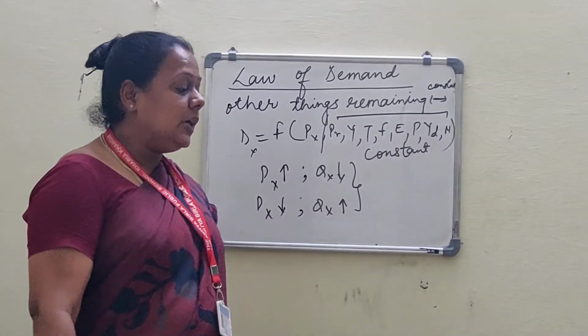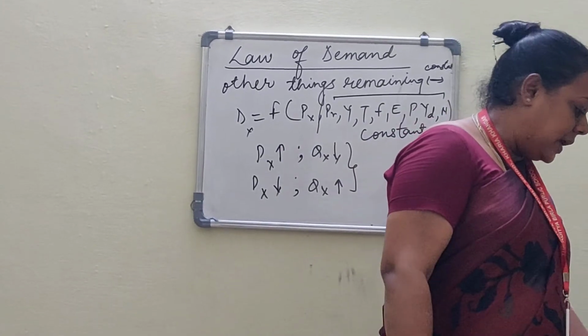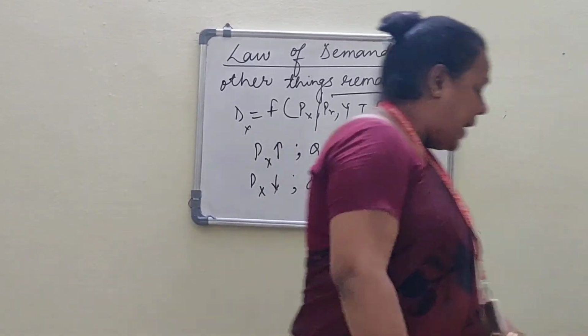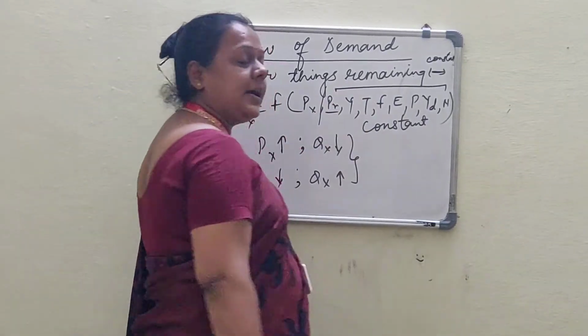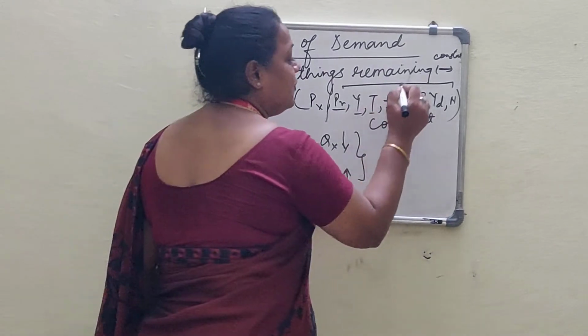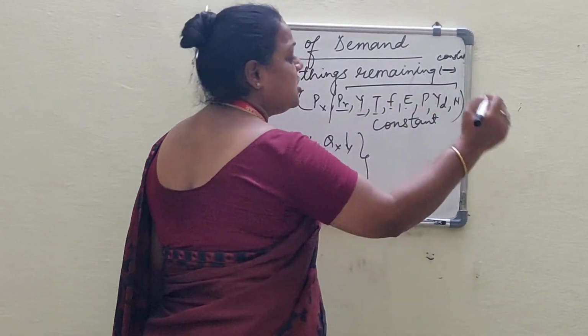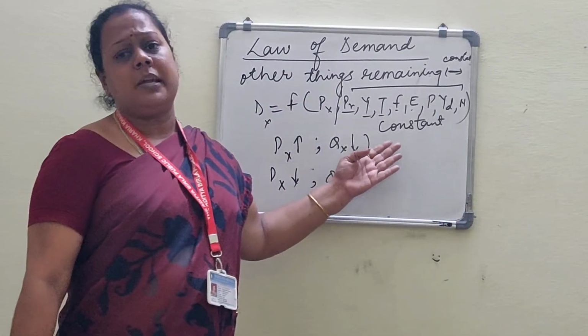Now, when we talk about the assumptions related to the demand function or the law of demand, what are the assumptions? As we all know, other things remaining constant. So the prices of related goods should be constant, the income of the person should be constant, and taste, preferences, fashion, expectations, the distribution of income, and the number of buyers, everything should remain constant.